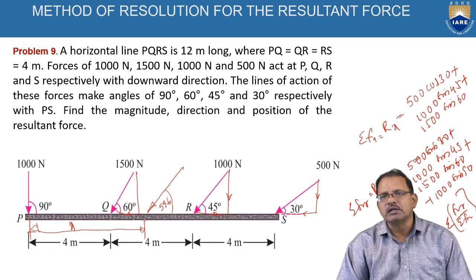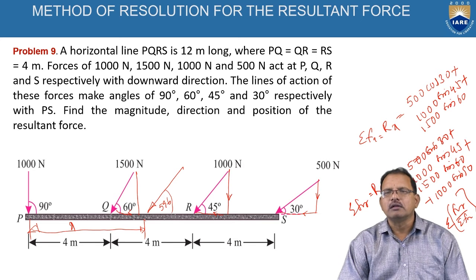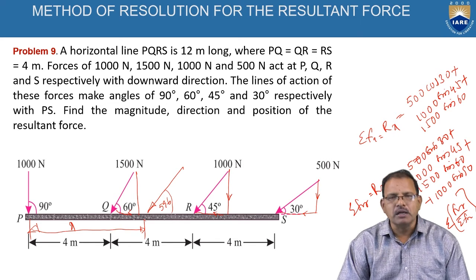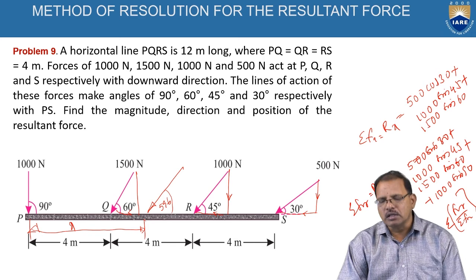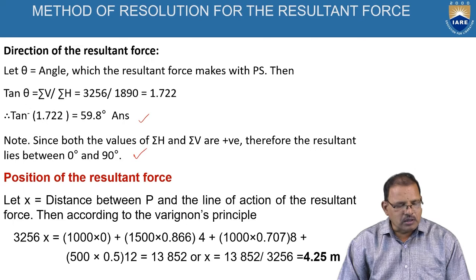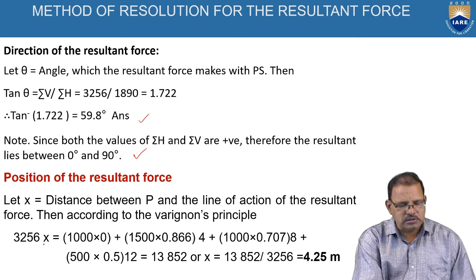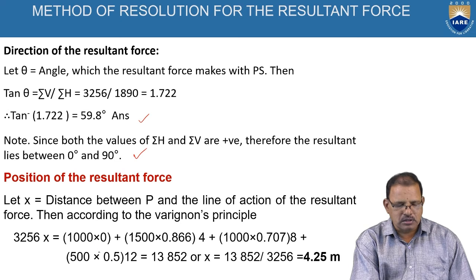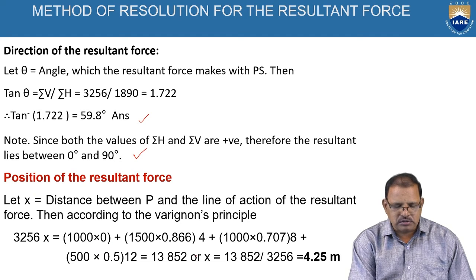These horizontal forces do not create any moment at point P because the distance becomes 0. Hence, we have to take only the vertical components. So, 3256 into x is equal to the sum of the moments of all the forces.